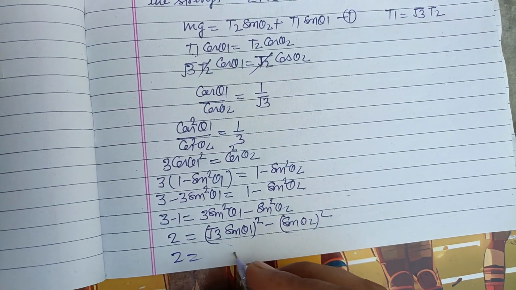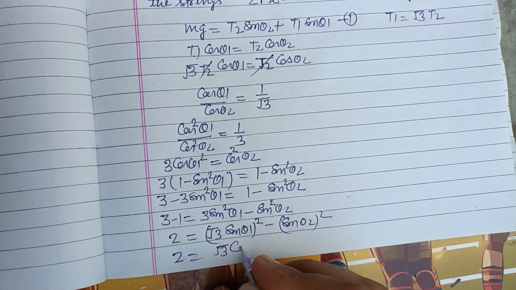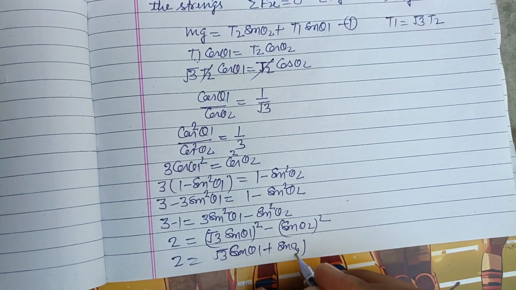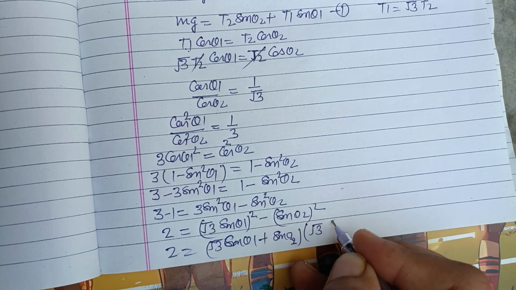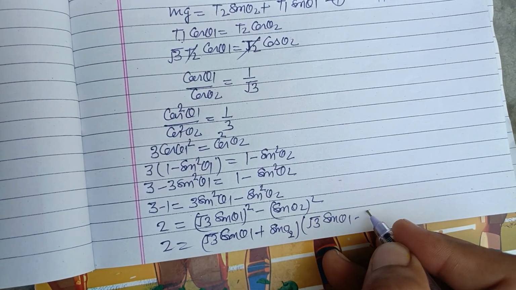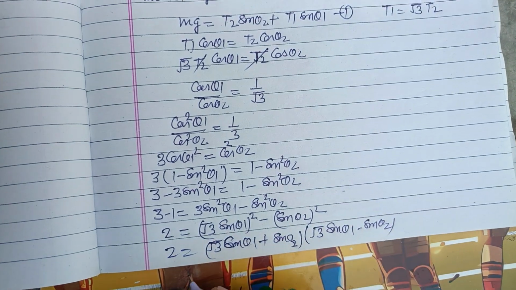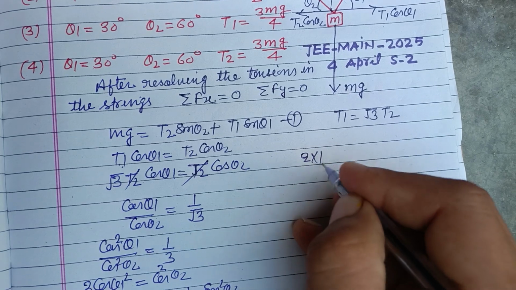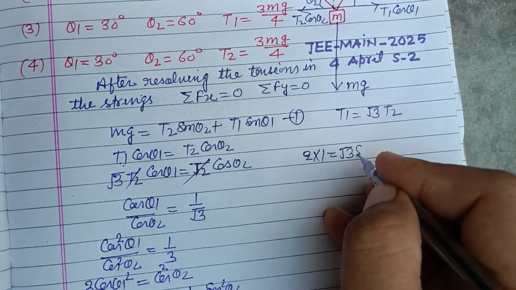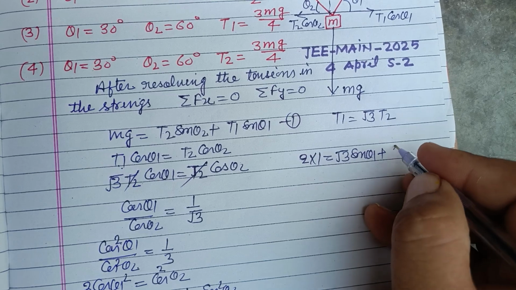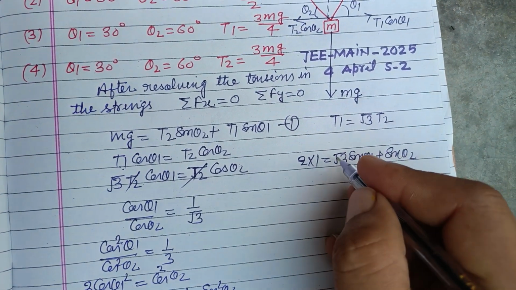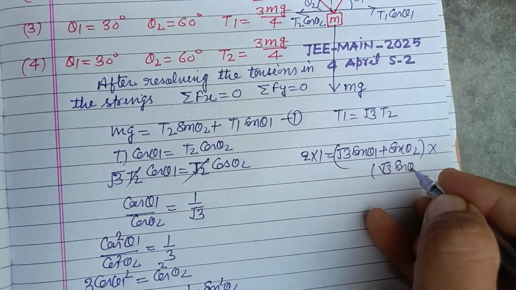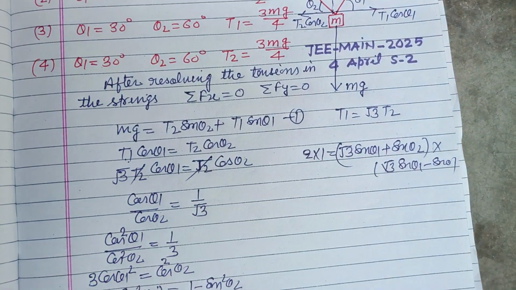Using a plus b, a minus b, we get (root 3 sin theta 1 plus sin theta 2) into (root 3 sin theta 1 minus sin theta 2), and 2 can be written as 2 into 1, that is (root 3 sin theta 1 plus sin theta 2) into (root 3 sin theta 1 minus sin theta 2).